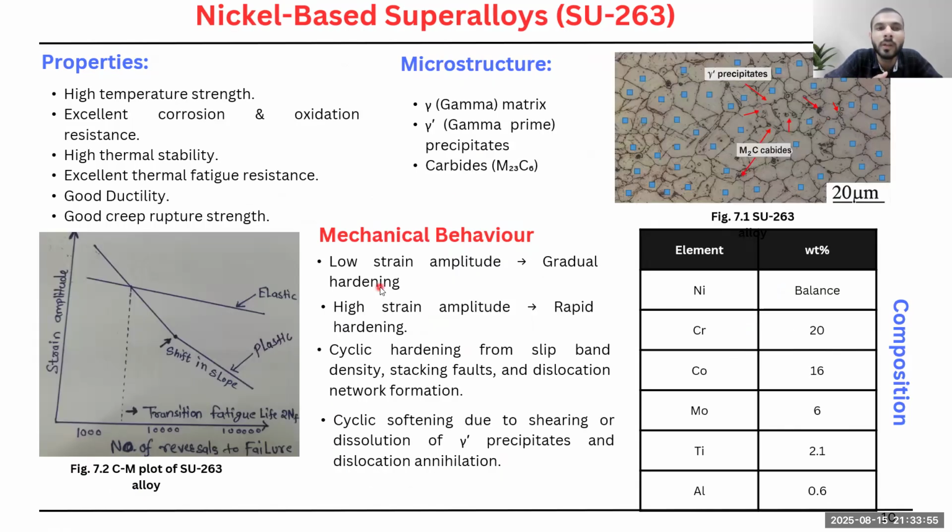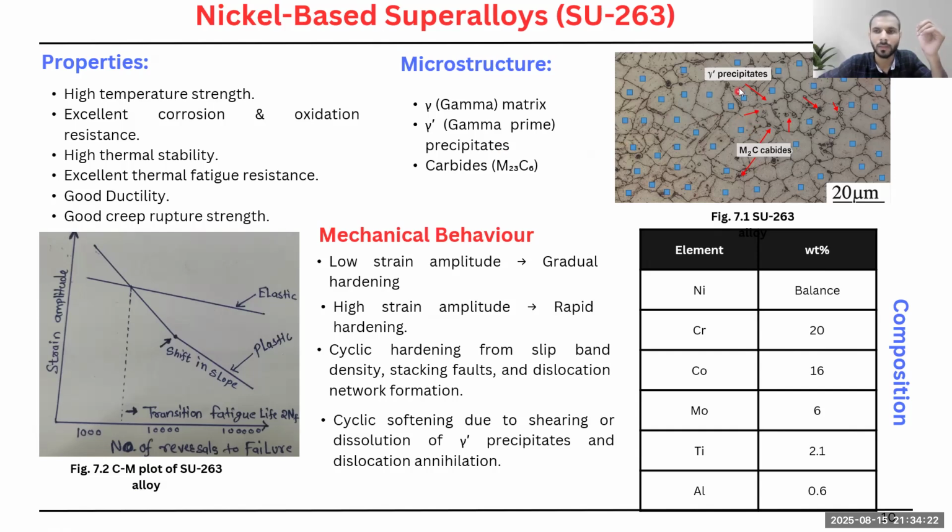Now, let us talk about a nickel-based superalloy, specifically SO263. So here you can observe this microstructure. You can see only two phases are there. One is the gamma matrix phase and another one is the gamma prime phase. So the gamma double prime phase is absent here, and also some intermetallic phases are present here.